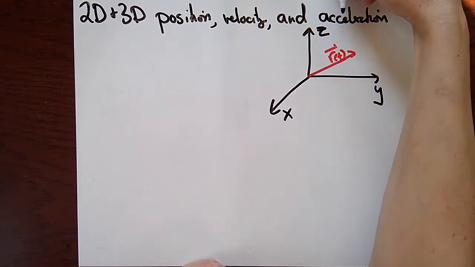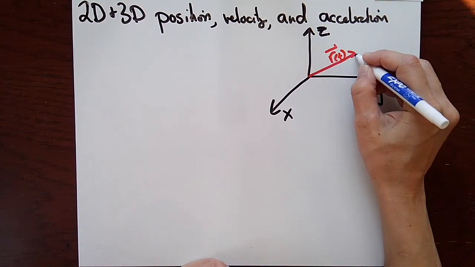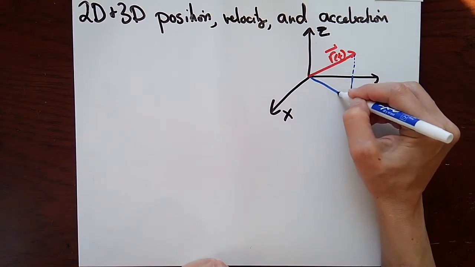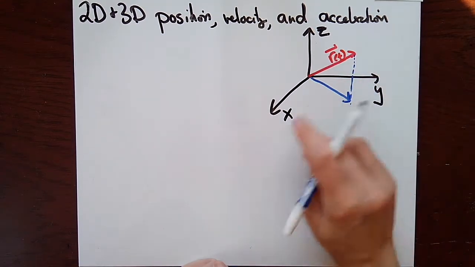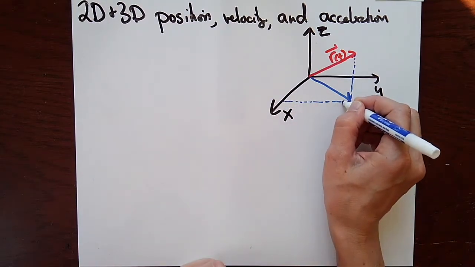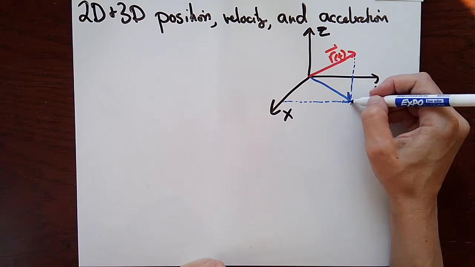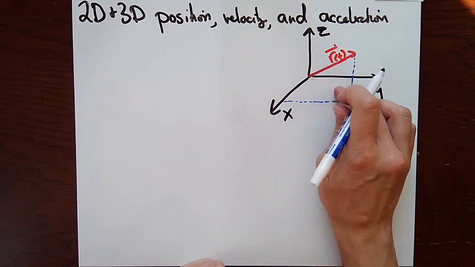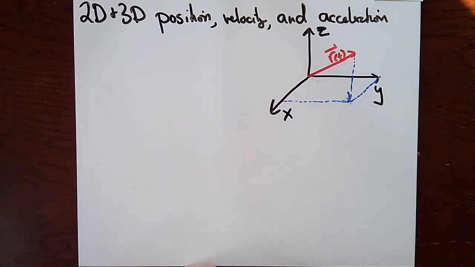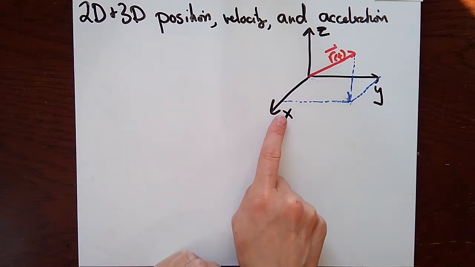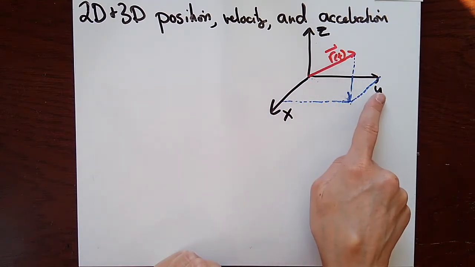Then I'm going to pretend I'm shining a light down from z, and I'll show you the shadow of my r vector in the x and y plane. Then I can draw a little line out here, and a line this way, and I can erase that now, so you can see that I've got an x component, a piece of r that's in the x direction, and a piece of r that's in the y direction.